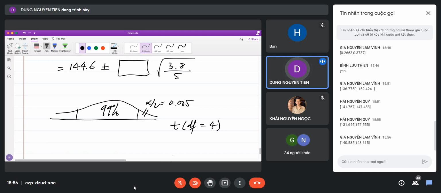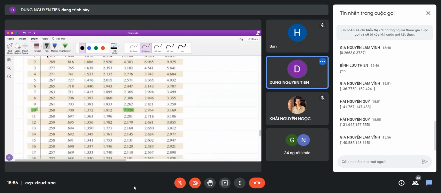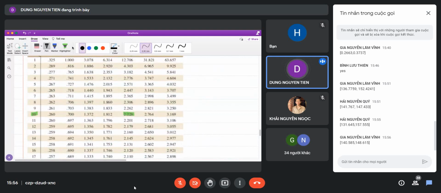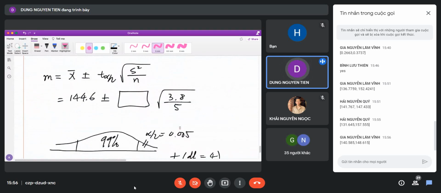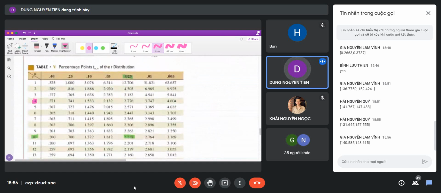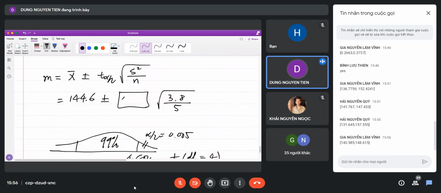Because there are 5 observations. And then you can have a look at the table here, and you look for 4 for the degrees of freedom, and the area to the right is 0.005. This is the one. So you come up with the number 4.604. All right, and the calculations will show you the final answer.